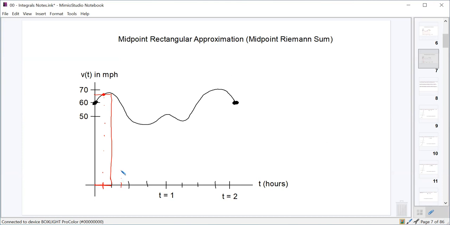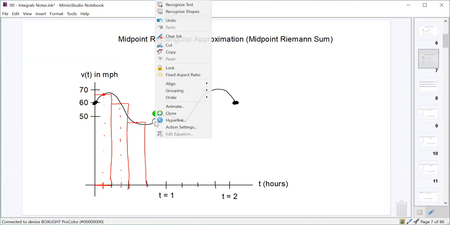And then I'll do the same here. I'll go up in the second interval from the midpoint and draw it straight down. And I'll do it again. Looks like the third one's right about here. The fourth one in the middle should be right about there.